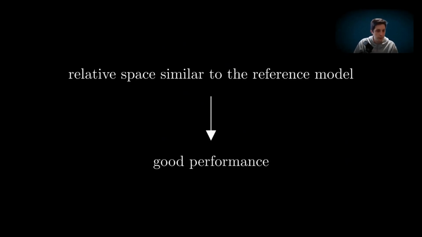Moreover, this means that a relative space that is similar to the reference model means having good performance. So if you train a model that you know is similar to a reference model that you were given and you know that was good, that means that that model will be good, at least in our setting.